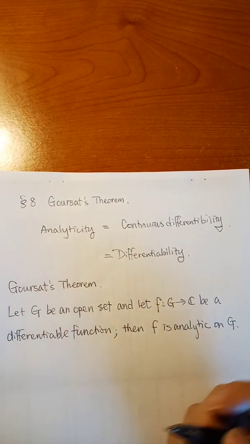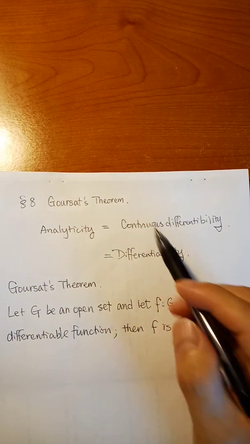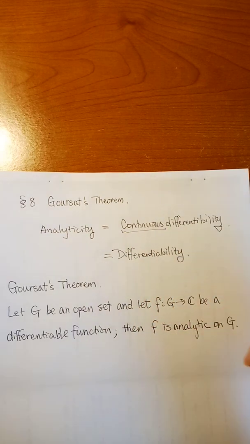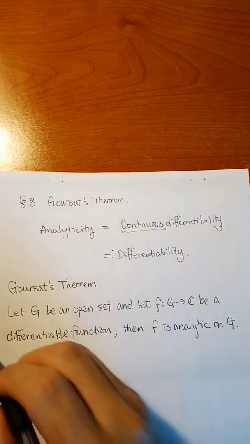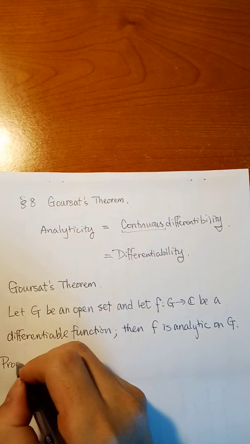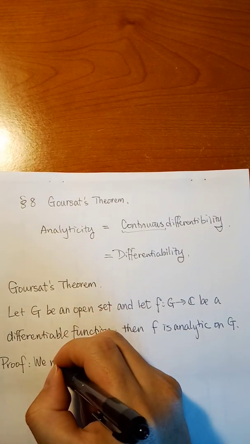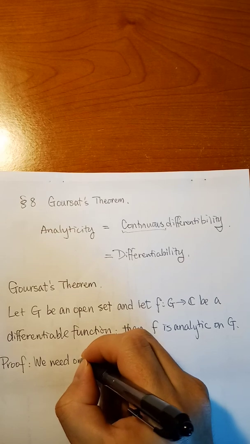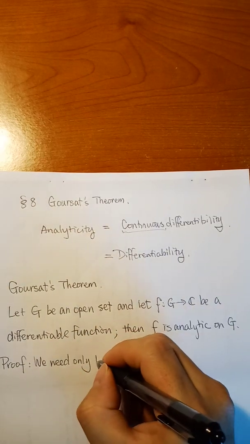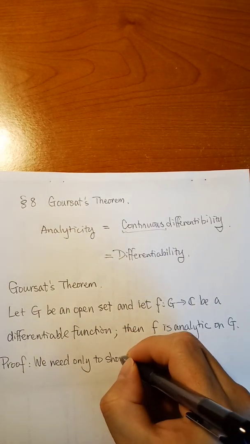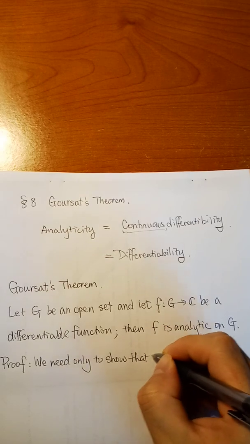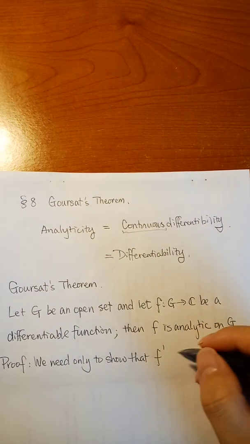Okay, so basically what do we miss? We only miss the continuity. So we're going to show, we need only to show that f prime is continuous.